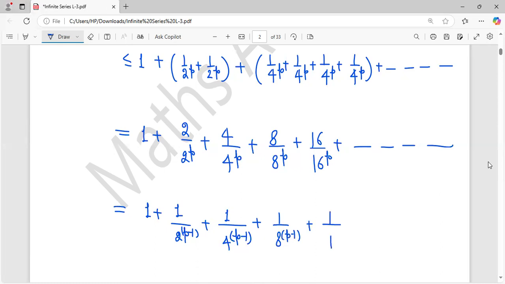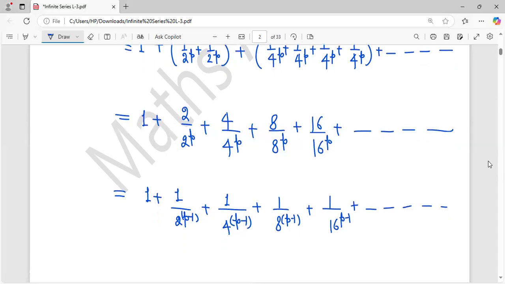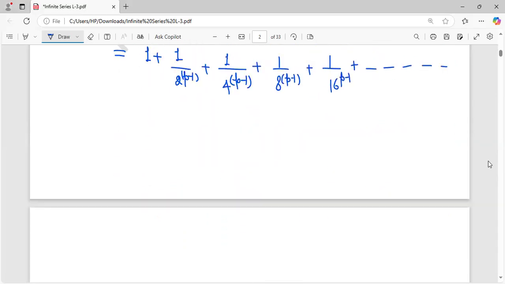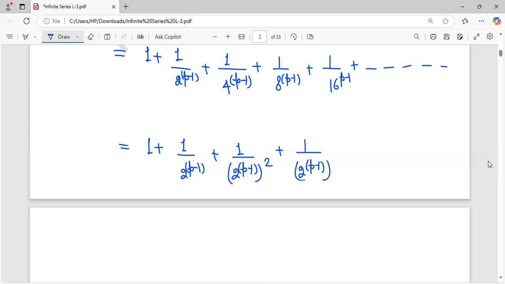So 1 upon 2 to the power p minus 1, then 1 upon (2 to the power p minus 1) whole square, then 1 upon (2 to the power p minus 1) whole cube, then (2 to the power p minus 1) to the power 4, like that.